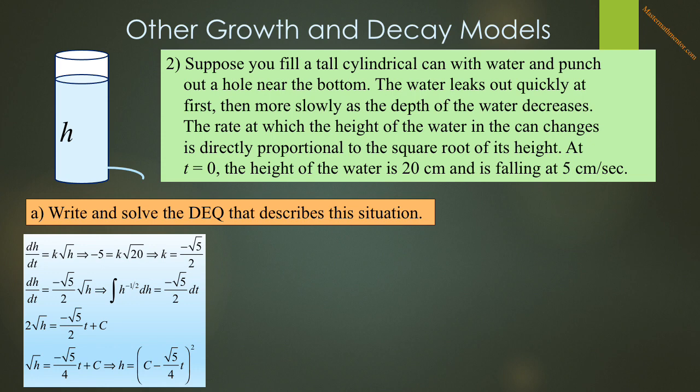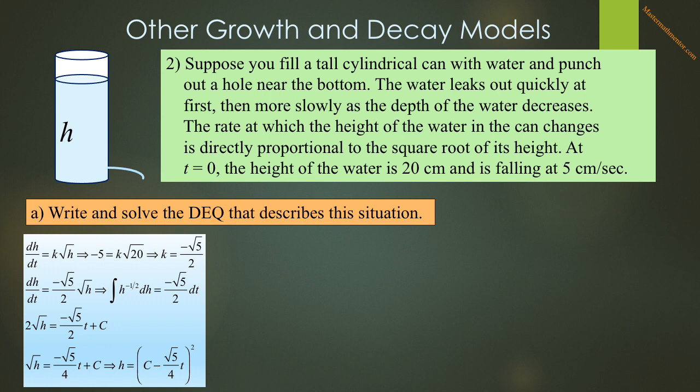When t equals 0, dh/dt equals negative 5, and we know that at that point h is equal to 20. So negative 5 is equal to k square root of 20, and therefore k is negative square root of 5 over 2. Therefore, dh/dt is equal to negative square root of 5 over 2 square root of h.